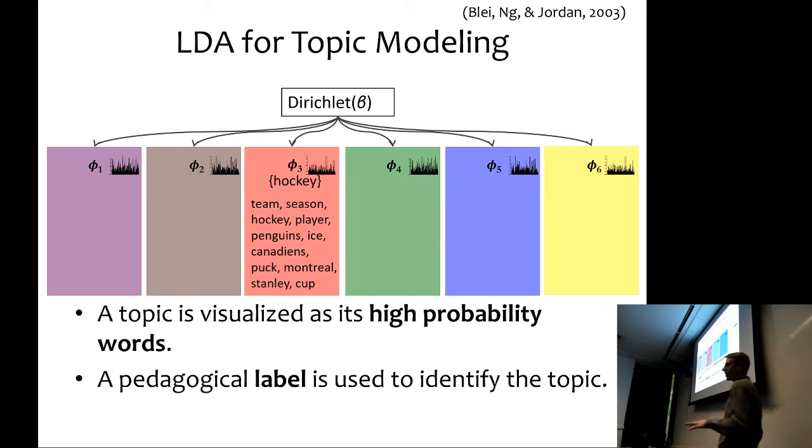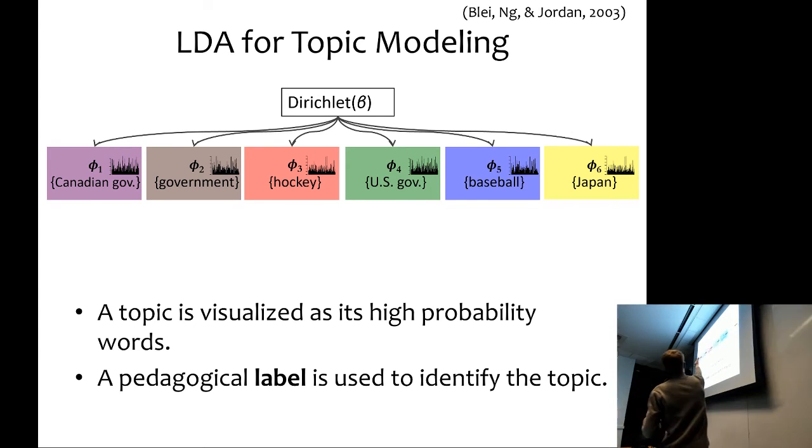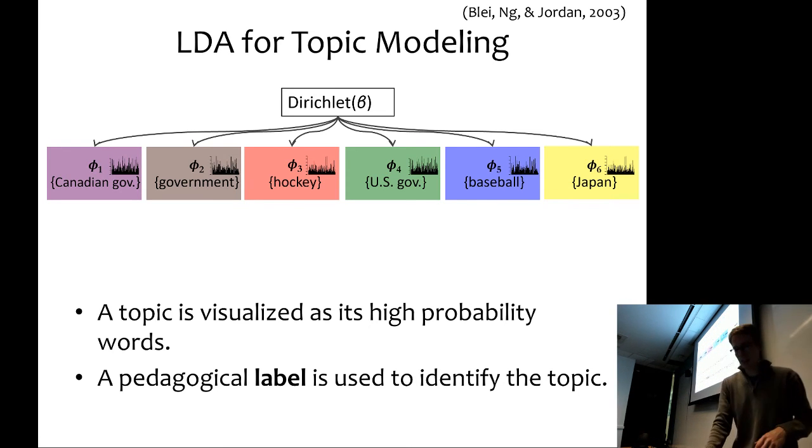And if you wanted to, after you knew post hoc what those high probability words were, you could pedagogically assign a label to identify the topic. But that's something you would have to manually do after the fact. So I labeled it as hockey. And I could do the same thing for each of these other distributions, right? One about Canadian government, one about hockey, one about US government, one about baseball, one about Japan.